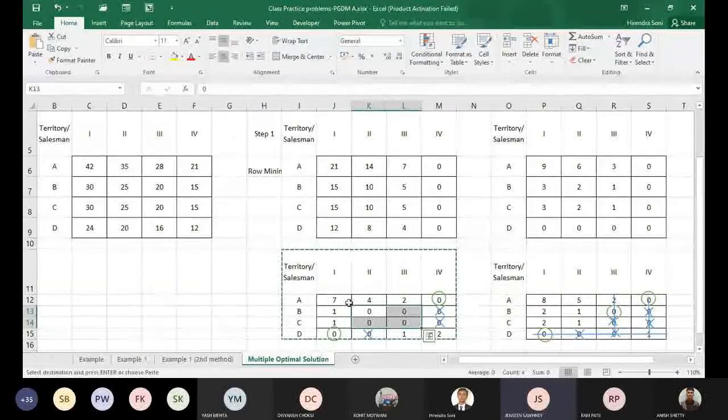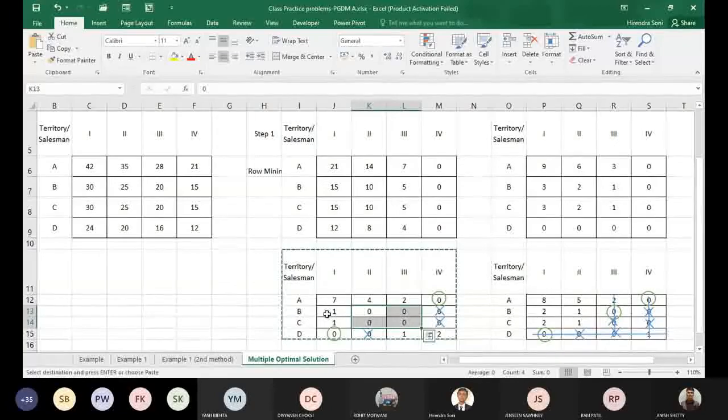See, first directly I have made an allocation in the first row. There was only 1 0. Then I cancelled the zeros below this 0, since I have already allocated this territory to salesman A, now this cannot have any other allocation. So I cancelled these zeros.